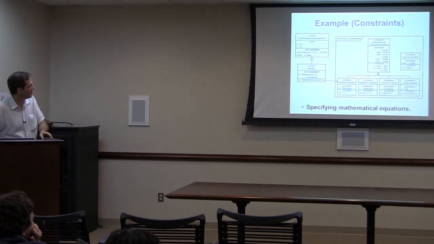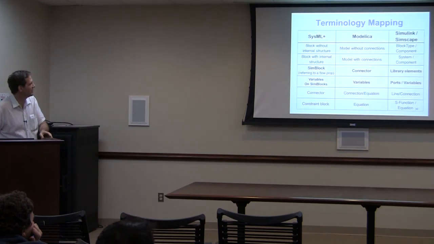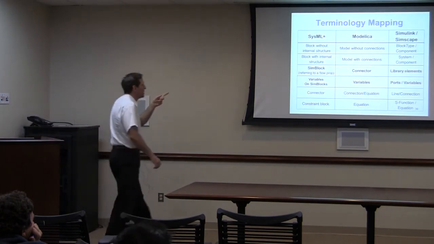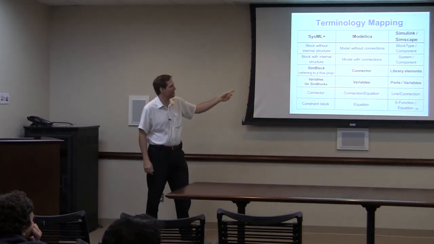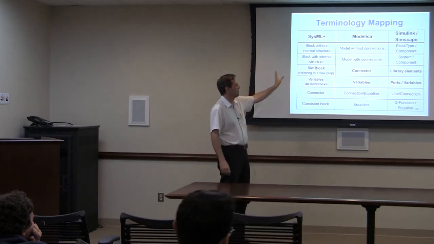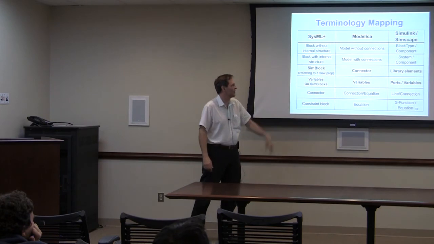And then from here, you can start to transform up to the simulation formats. I'm not sure I'll go through all of this, but this was the hardest part in some ways of what Ian and I did, because we were mapping across these different linguistic communities that were using overlapping terms.